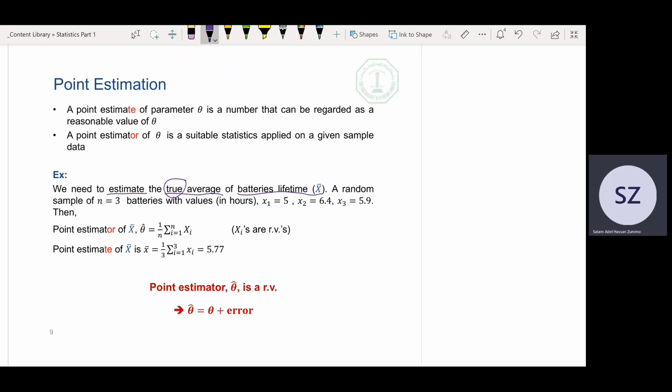So from these samples, they collected 3 samples, n equals 3 batteries, and they ran the batteries. They found that the battery life of the first battery was 5 hours. The battery life of the second one was 6.4. The battery life of the third battery was 5.4. Okay?